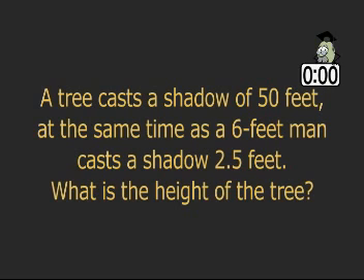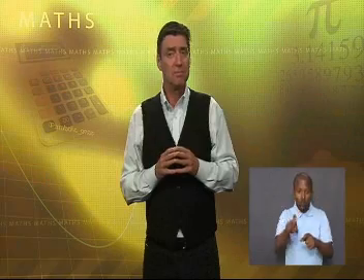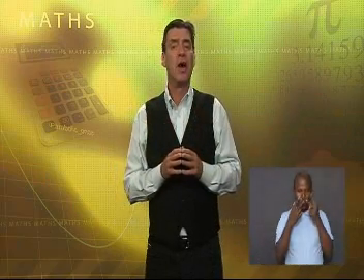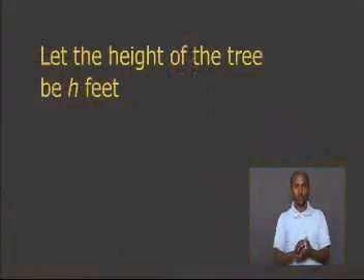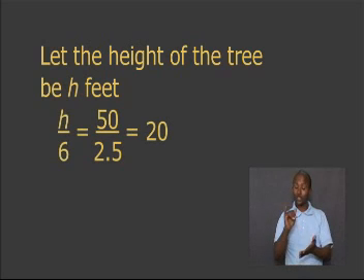Time's up. Let's get back to our lesson. Have you finished working on this problem, students? Let us look at your answer. Let the height of the tree be h feet. In that case, h over 6 equals 50 over 2.5.